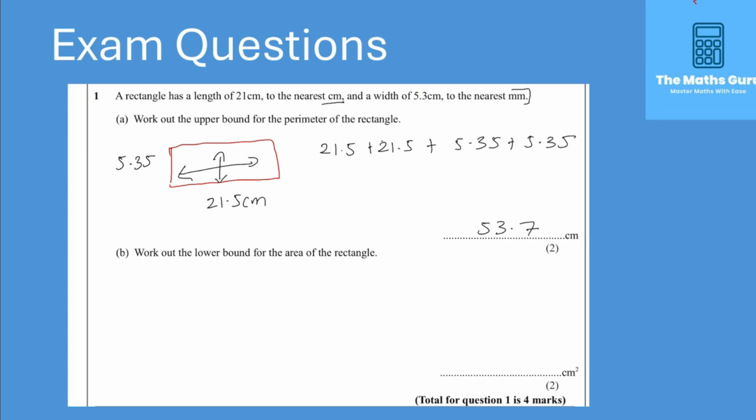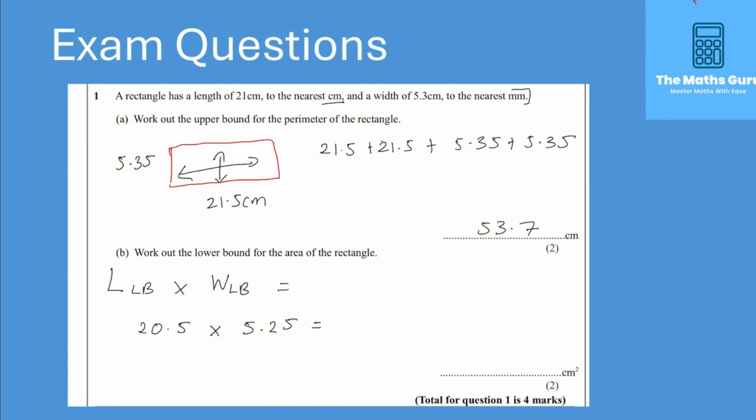rectangle. So now we need to work out the lower bound for the area of the rectangle. So we're going to have to use the lower bound for our length times our width's lower bound. And if you remember, I know I've rubbed them out, but our lower bound for our length was 20.5 and our width lower bound was 5.25.